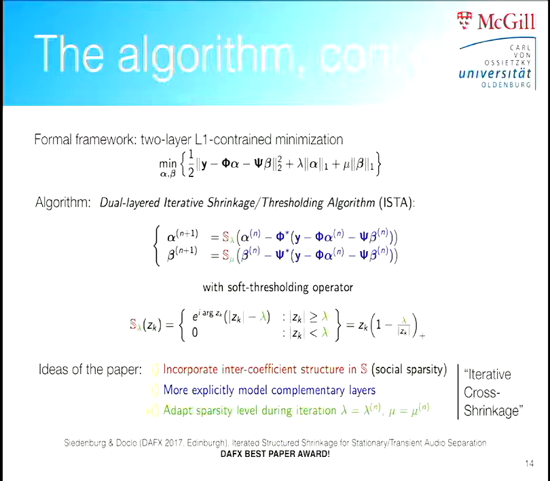And then the third step is to adapt the sparsity level during the iteration and not to leave it constant. These three steps combined yield what I call iterative cross-shrinkage, and it gave us an algorithm which, in my impression, sufficiently well separated these two components and allowed us to study the perceptual problem.